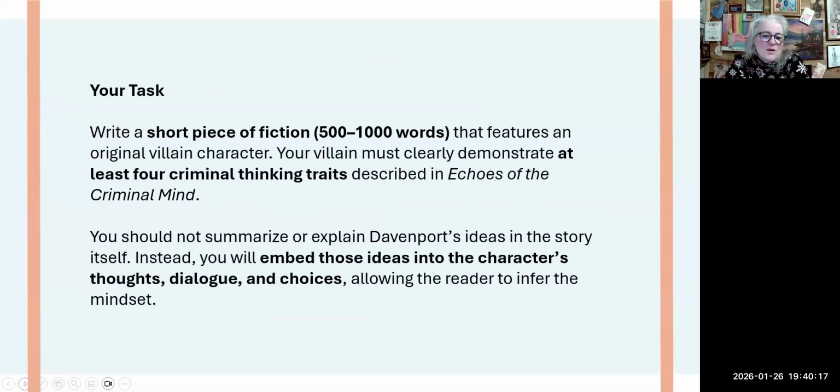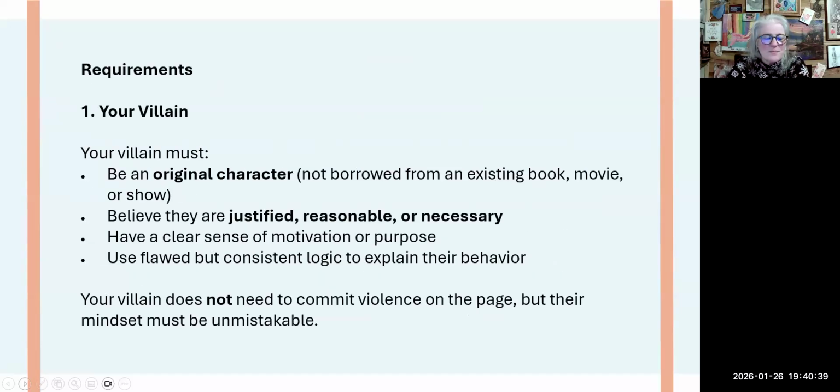Your task: write a short piece of fiction that features an original villain character. Your villain must clearly demonstrate at least 4 criminal thinking traits described in Echoes of the Criminal Mind. You should not summarize or explain Davenport's ideas in the story. Instead, you will embed those ideas into the character's thoughts, dialogue, and choices, allowing the reader to infer the mindset.